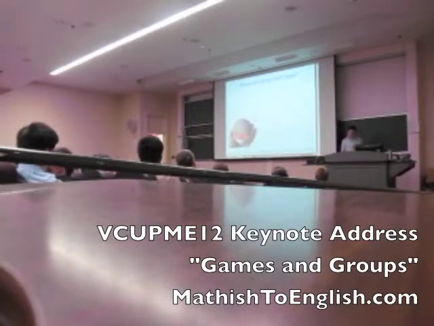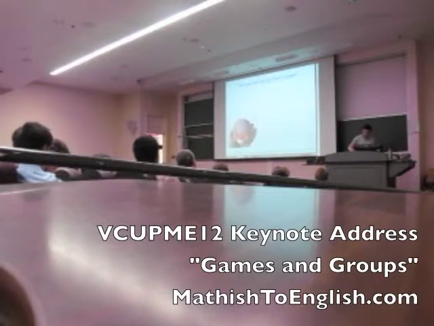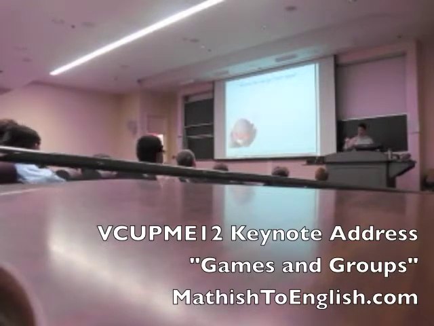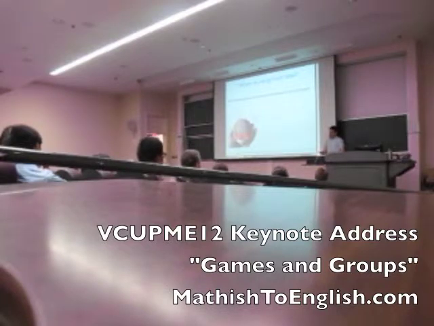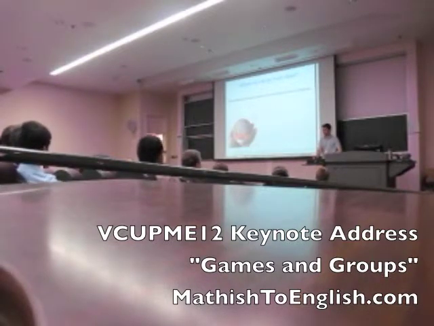This is my last slide. I even have a physical model of this. This is an example of how we can reverse engineer. What we did was take a puzzle and build a group out of it, and the group described everything about the puzzle.